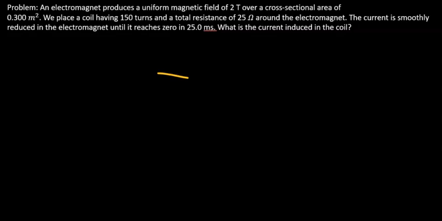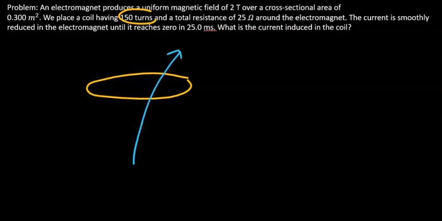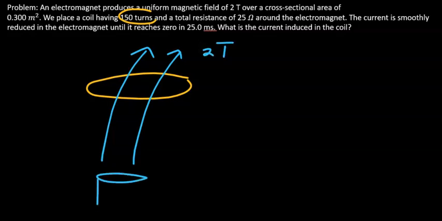So what we have is a coil with a certain number of turns, 150 turns that is, and you have a magnetic field going through it, 2 Tesla, and this magnetic field is coming from some kind of electromagnet that is powered by some electric current. Let's call it I. And after 25 milliseconds, this current goes to 0.